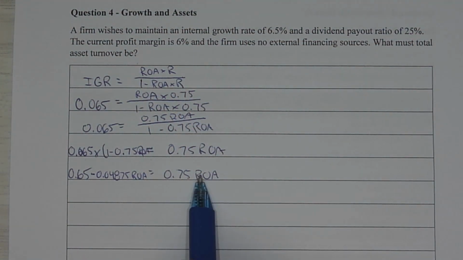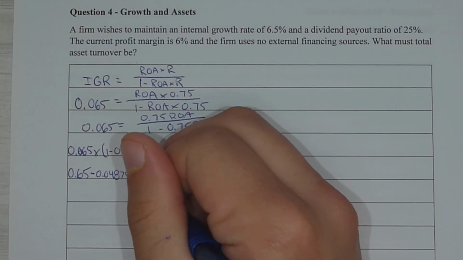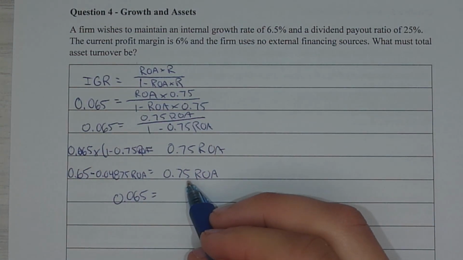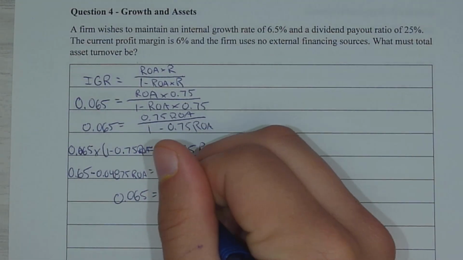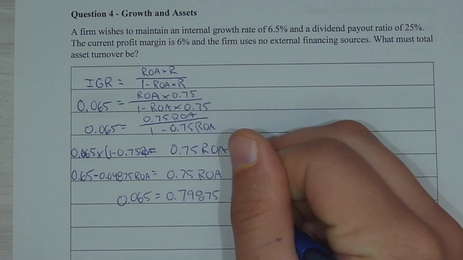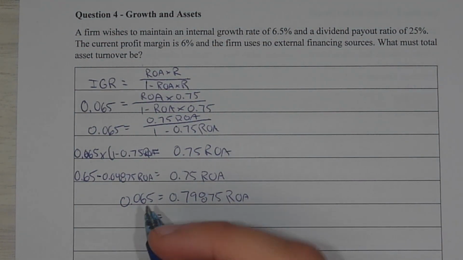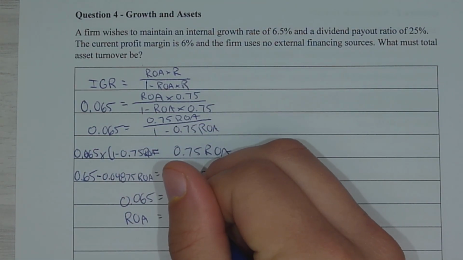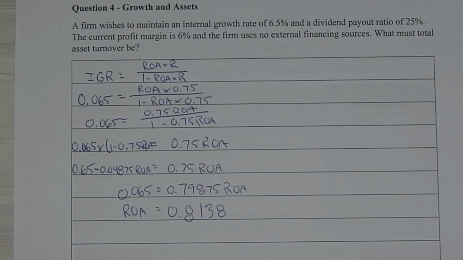This is negative, so we can add it to both sides. So 0.065 equals 0.79875 ROA. We can divide to get ROA on its own, which will equal 0.8138. Okay, so all that to get our return on assets.